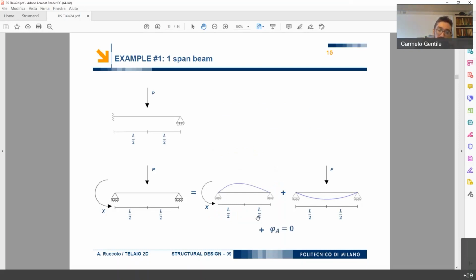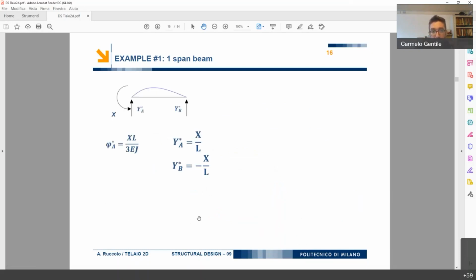And then this is the compatibility condition, in order to find the values of the redundant unknown. Okay, now that is very trivial. We have the flexibility coefficient here. If we consider only the structure, we know that the vertical supports in A and in B are equal to x over L. This is very trivial.